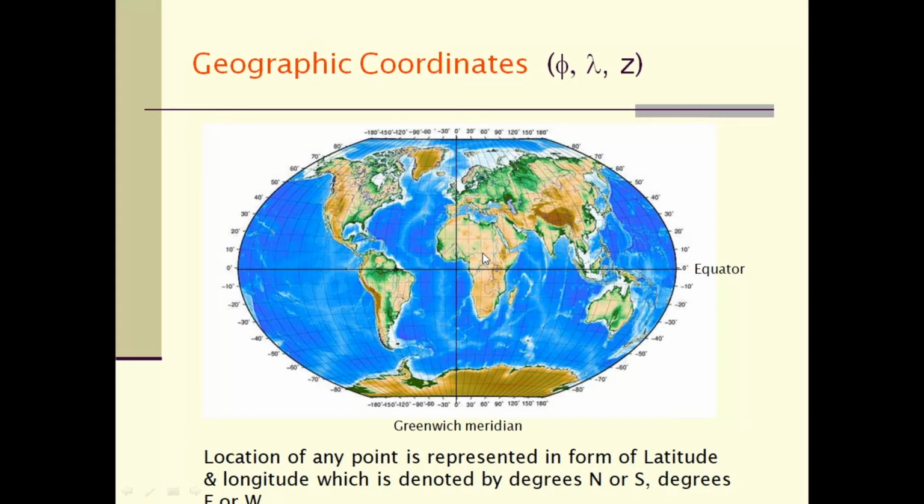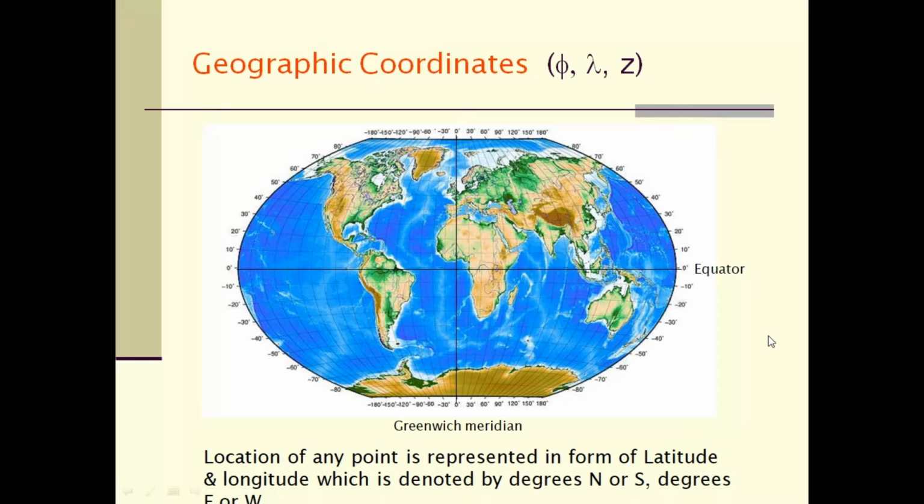We can define it like that: 20 east and 10 north, E20 and N10. So this is how we can denote a point on earth in the form of longitude and latitude.